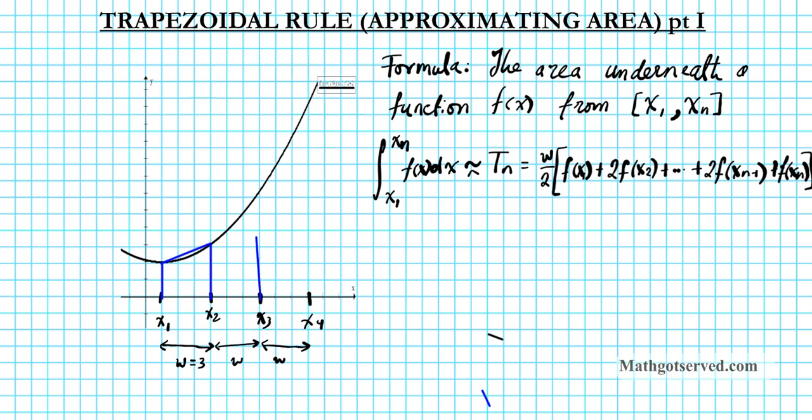Second trapezoid, just trace this to the curve, and then connect this dot like that. And then my third trapezoid, just trace that calibration up to the curve, and then connect it from here all the way to there. So as you can see here, we have 3 trapezoids. Let's call them T1, T2, and T3.